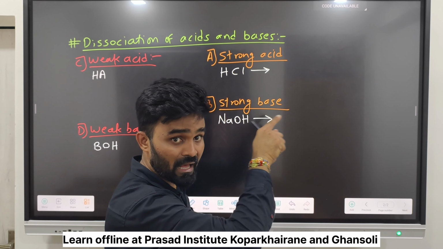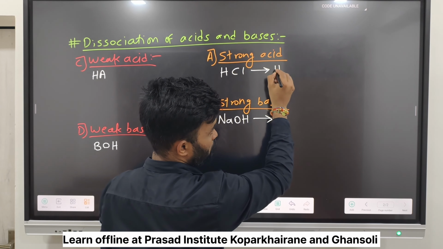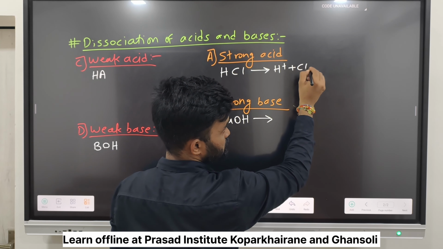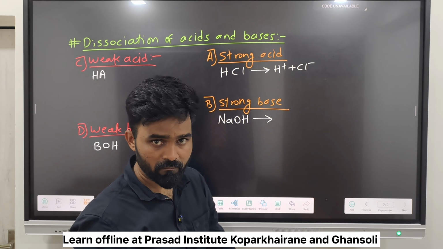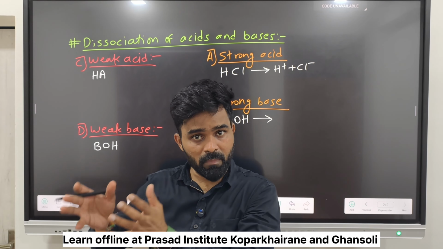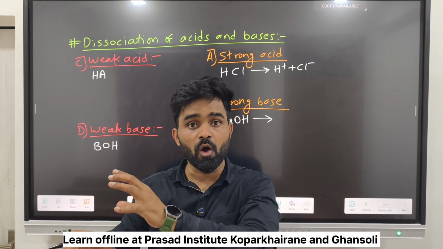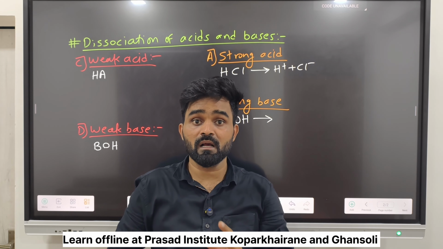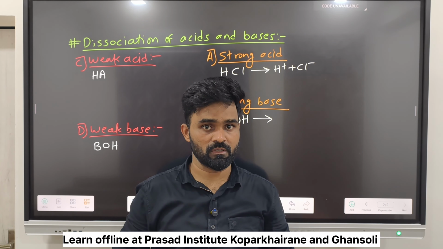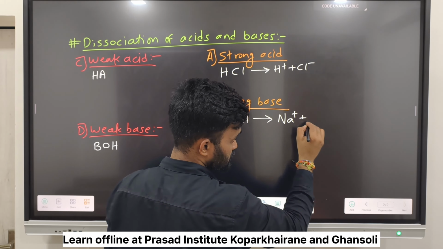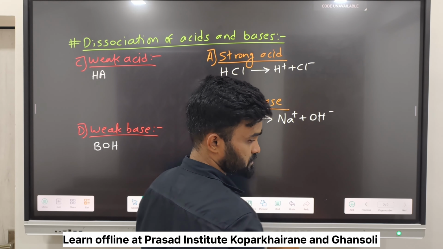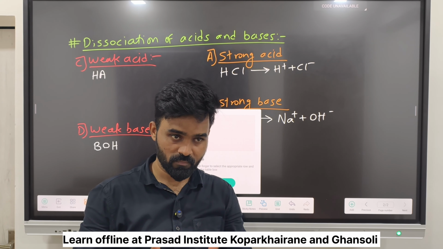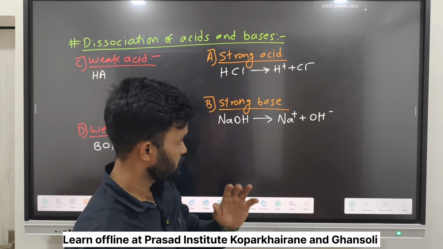We use a single arrow, so it will form H plus and Cl minus. If I take 10 molecules of HCl, all 10 will ionize. That is called complete ionization. Same goes with NaOH, which forms Na plus and OH minus.